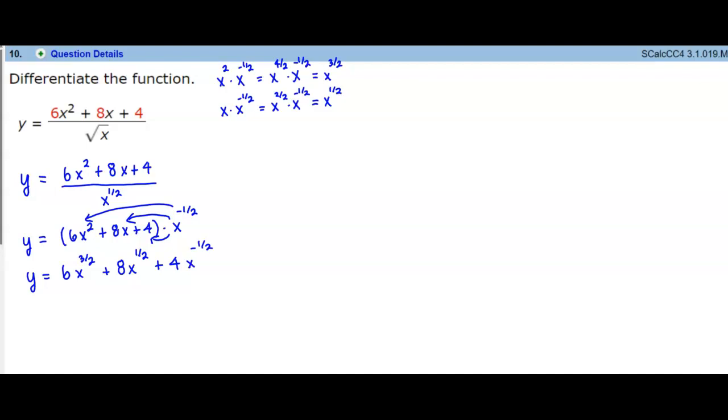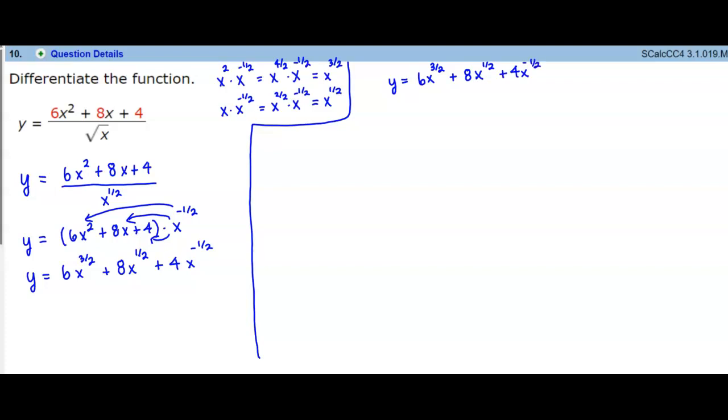Okay, so now we're going to go ahead and look at this and take the derivative of this function. So to find the derivative of y equals 6x to the 3/2 plus 8x to the 1/2 plus 4x to the negative 1/2.